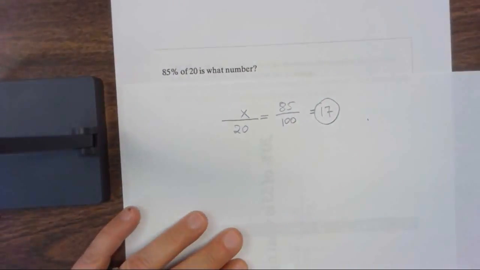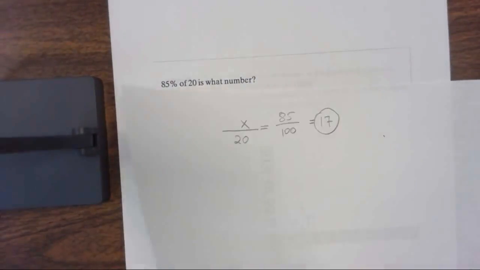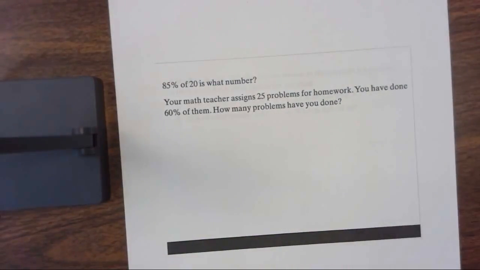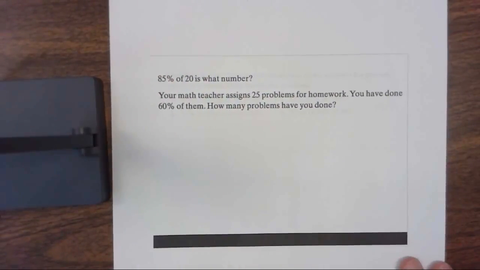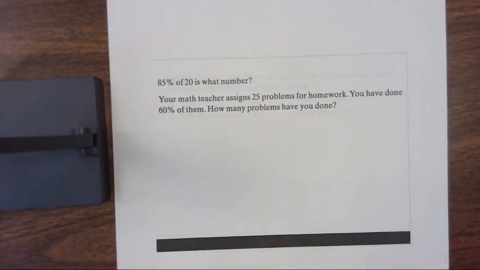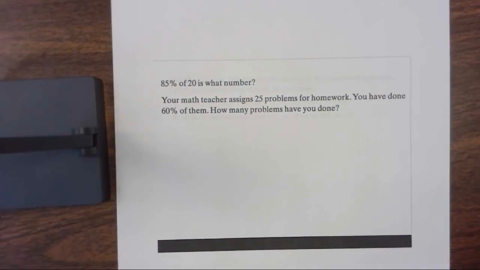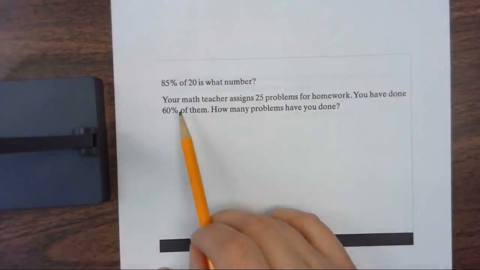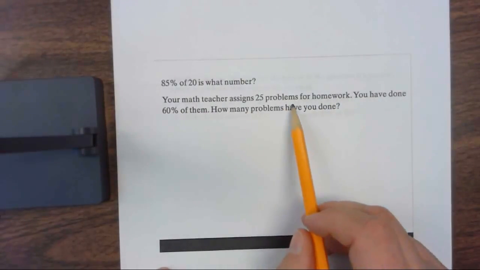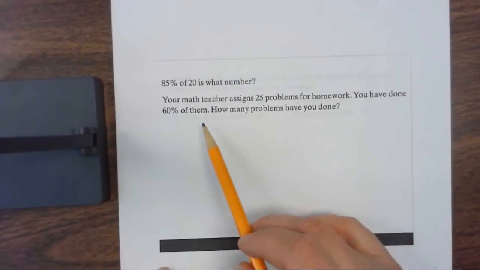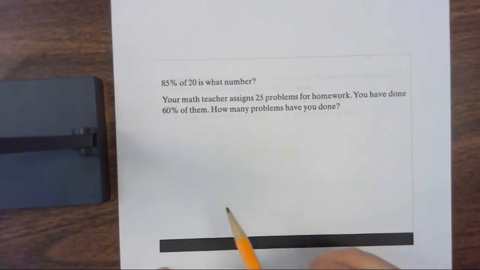Okay, how's it going? Hopefully it's going well. Let's try this one, the last one. I'll give you some time and then I'll solve it for you. All right, so this time your math teacher assigns 25 problems for your homework. You have done 60% of them. How many problems have you done?